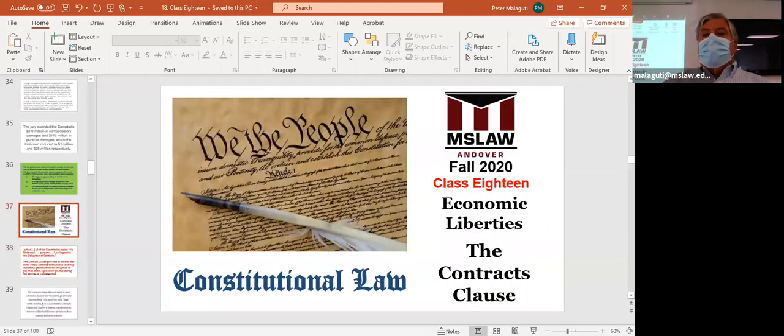This is the contracts clause now. I'm going to go through this fairly quickly. You'll probably get a short question on this on the exam, not more than one. It's not tested with great frequency on the bar exam.